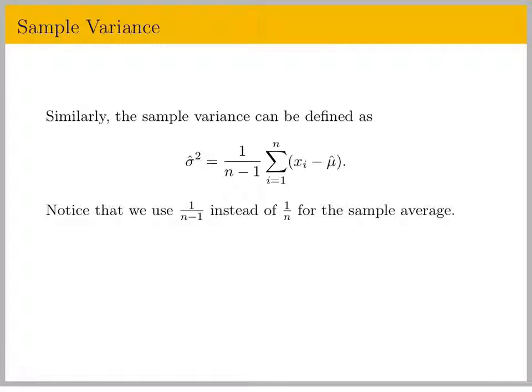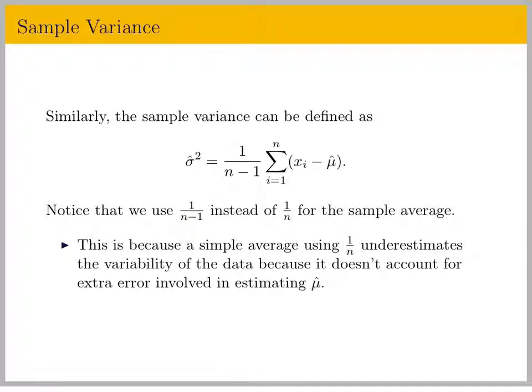Now, why are we using the 1 over n minus 1 instead of 1 over n? Well, it turns out that because we had to use a sample average to estimate the true mean, there is going to be additional error in our estimate because of the error inherent in our estimation of that.